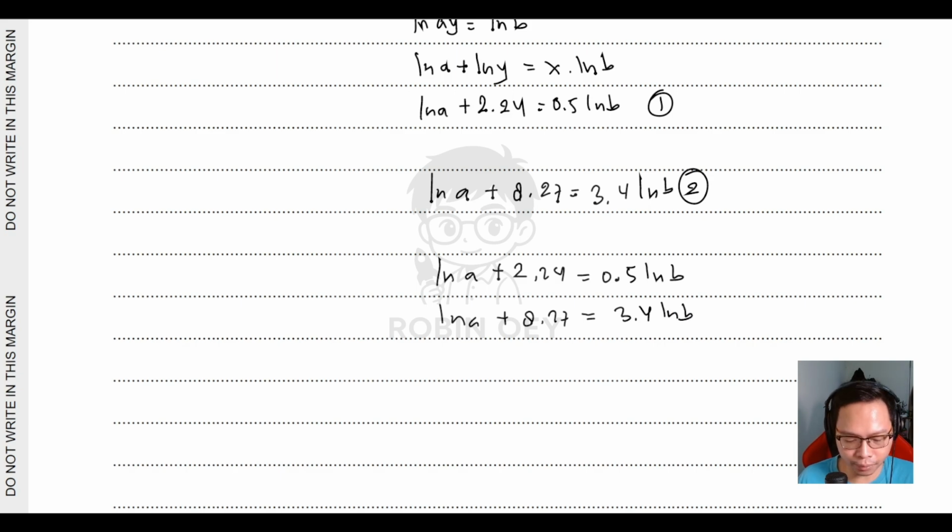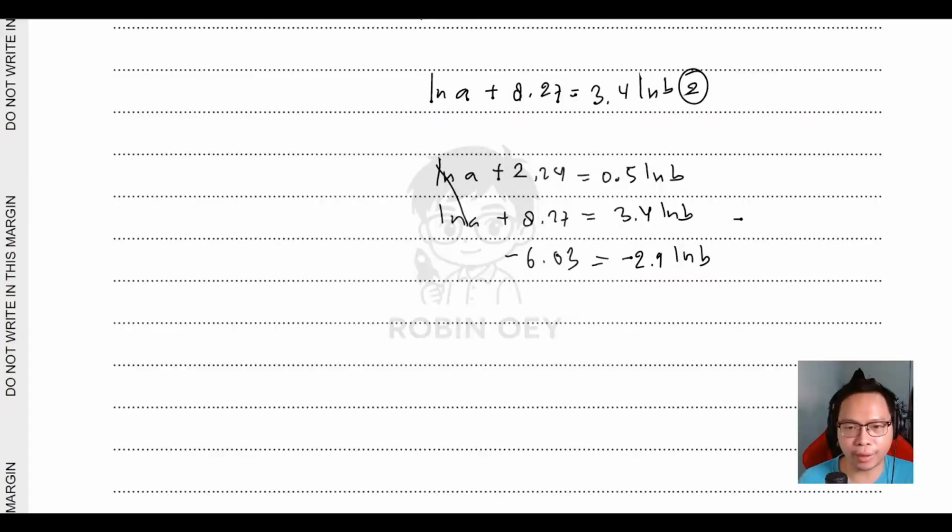So if we subtract, we get negative 2.9 ln b, ln a cancels. The next would be 6, this one is negative 6.03. Once we get that, we can find ln b equals 2.079.